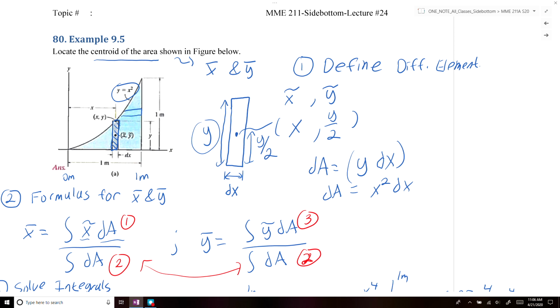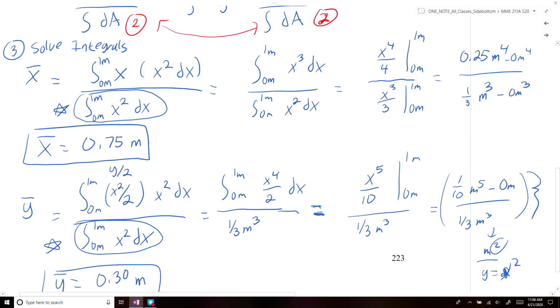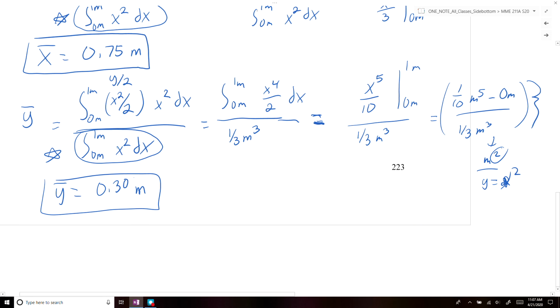After that, we used our formulas for x bar and y bar, and we plugged in our x tilde, y tilde, and our definition of our differential area from our differential element. And then after we did that, we just solved our integrals. So that's the general procedure for determining the centroid of a continuous function using integration.